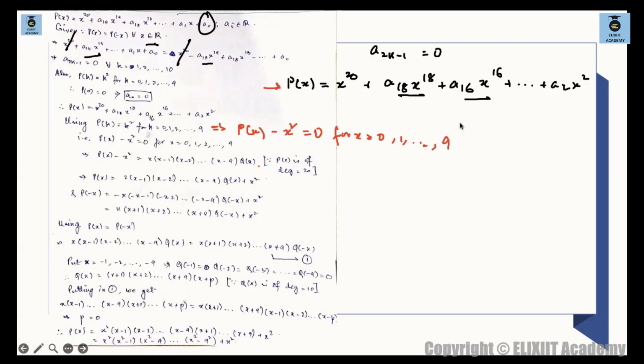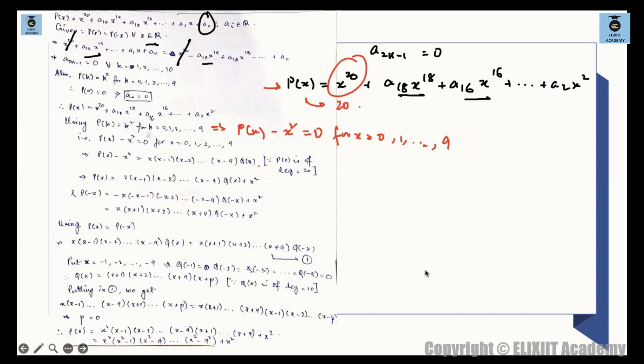We are simply trying to find out Px, nothing else. So Px minus x square is 0 for x going from 0, 1, 2, 3. In place of k, I am writing Px minus x square. This looks decent, a polynomial. Px is of degree 20. Be very careful: the degree of Px is 20.